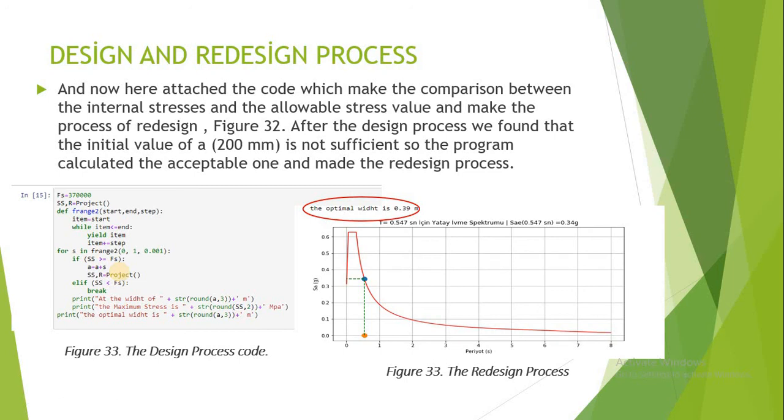It modifies the Excel file, and after that it re-imports the Excel file and repeats the whole procedure from defining the response spectra to finding the internal forces and internal stresses, and then compares them with the allowable stress.